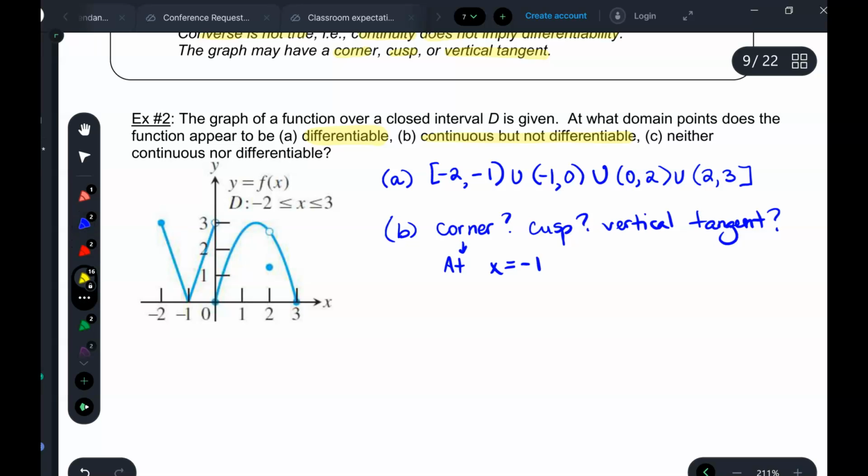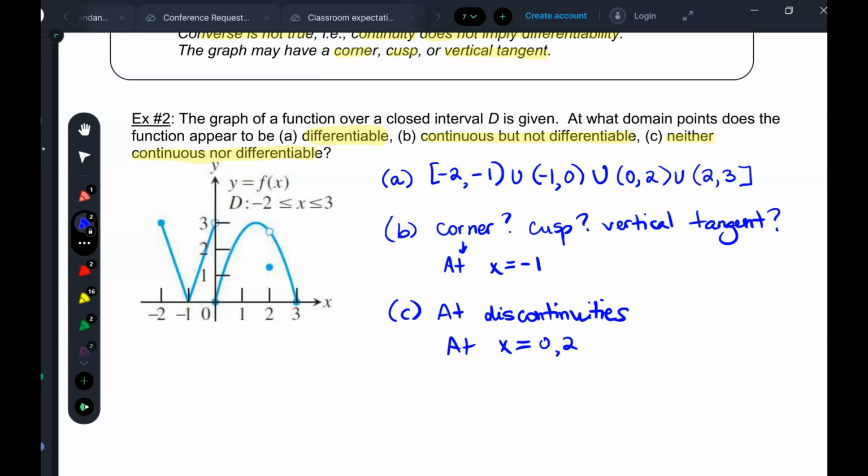Okay. And the last part, neither continuous nor differentiable. So it's going to be at the discontinuities, exactly. Okay, and that will be at x equals 0 and 2.